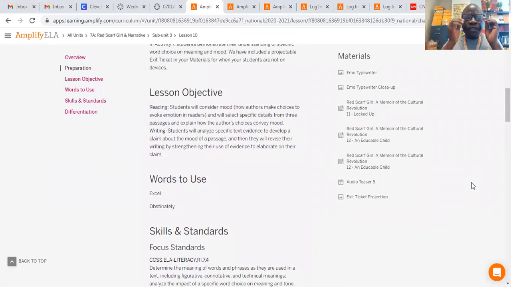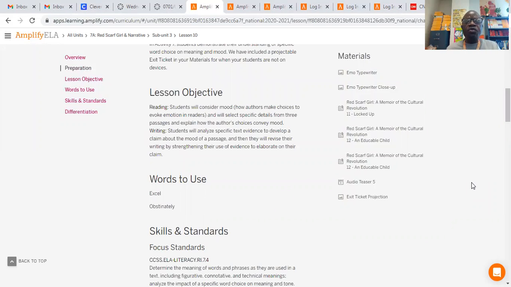Lesson objectives. Reading: students will consider mood, which is very important. Mood, how authors make choices to evoke emotion in readers, and will select specific details from three passages to explain how an author's choice conveys mood.